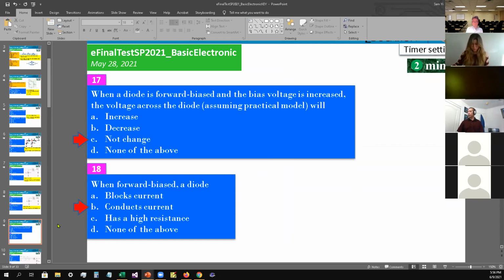The voltage across the diode is just 0.7, so there's nothing that's going to change it. It's still going to be 0.7. So the answer is C, as in cat, for 17.